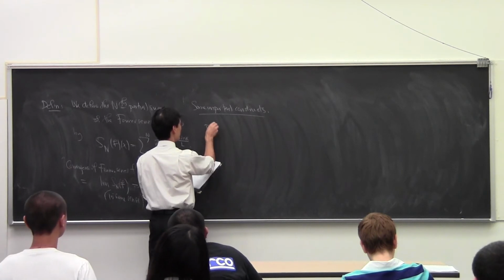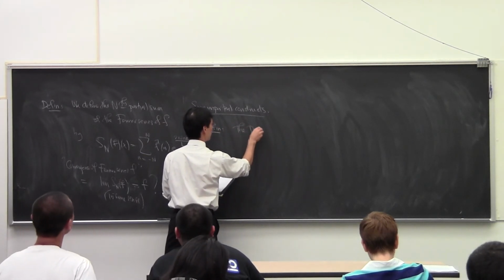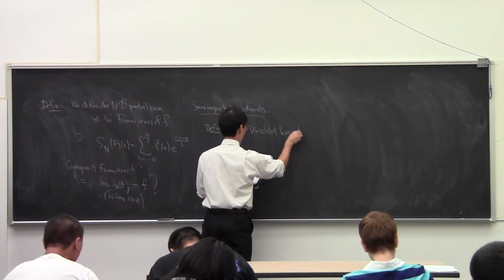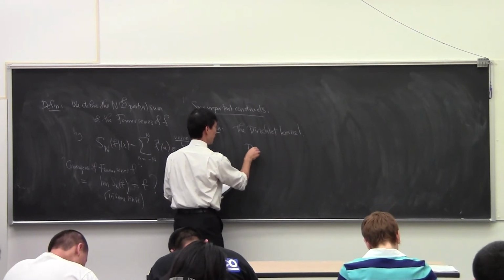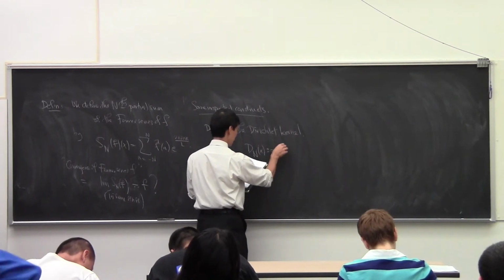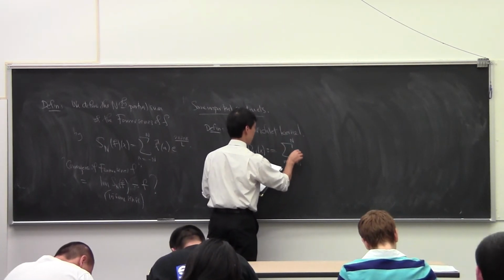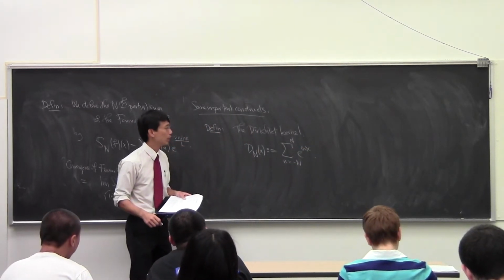First, there's the Dirichlet kernel. The Dirichlet kernel, D sub N, is defined to be the sum from n equals minus N to N of e to the i n x.